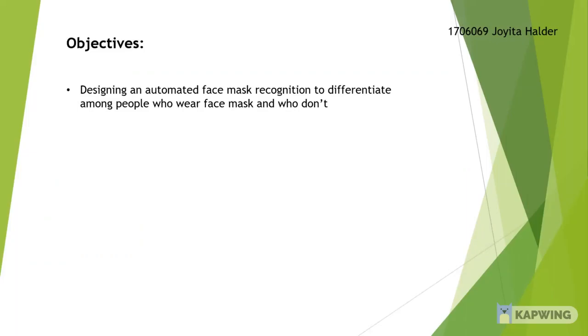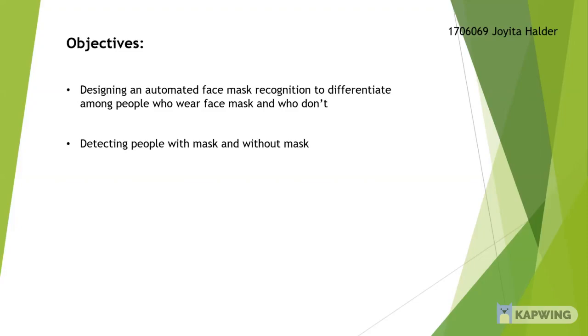For instance, physical distancing and wearing a face mask in the public place to impede COVID-19 transmission. Furthermore, since the new normal has been implemented, the people are forced by law to wear a face mask in the public place and wherever they interact with other people. So, designing an automated face mask recognition to differentiate among people who wear face mask and who don't is our objective.